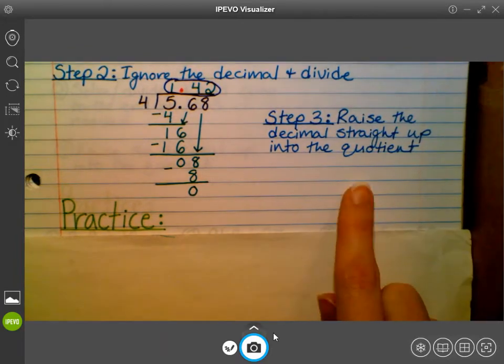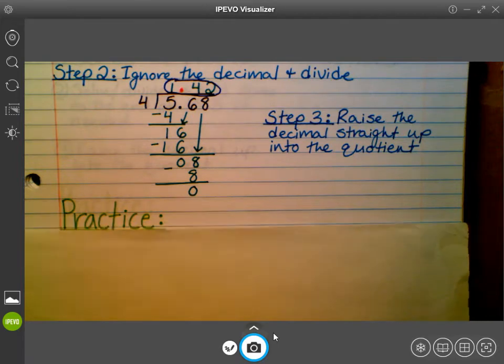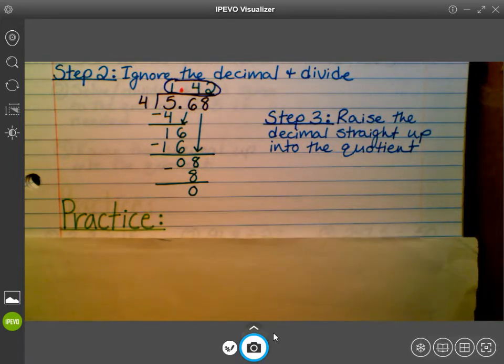Yes, you should write step 3 off to the side. So step 3. There's only 3.